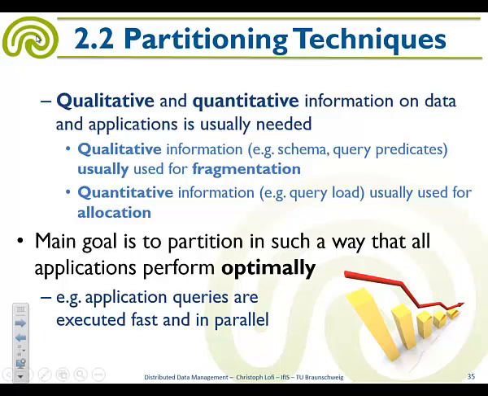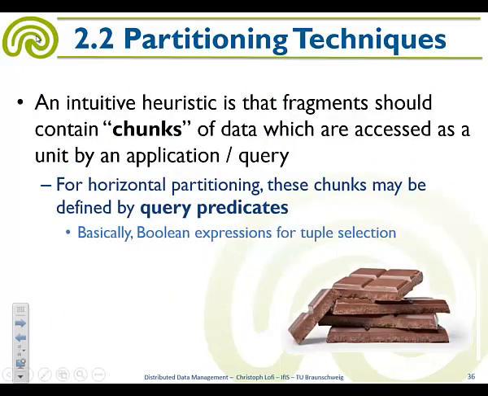Right? And also, usually figuring out the optimal solution is so expensive that you waste more time and effort on optimizing than on executing. That's, for example, one of the big problems of query optimization. If you optimize longer than it would take to execute the query as is, well, it's a bad deal. Same applies here. Good. So what we do need is simple techniques which will result in something which is good enough for most applications.